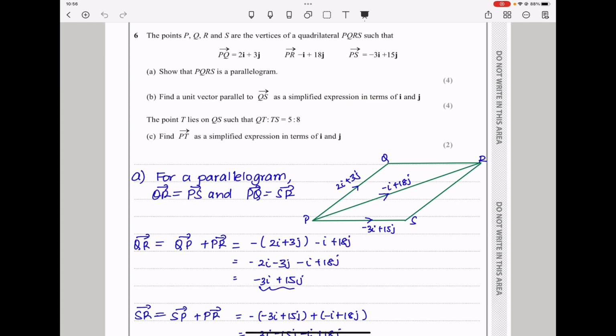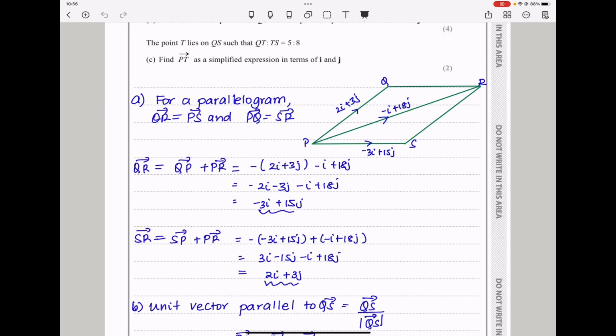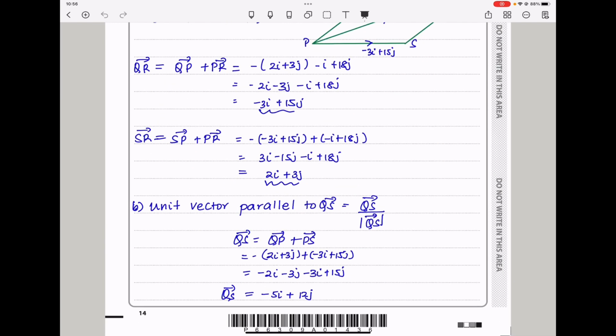In part B, they say find a unit vector parallel to QS as a simplified expression in terms of i and j. A unit vector parallel to vector QS should equal vector QS divided by the magnitude of vector QS. Now I began by finding vector QS, which is QP plus PS. So I put that here, which is -(2i + 3j) plus that vector, which is that. And then I got -2i - 3j - 3i + 15j, which is simplified into -5i + 12j.